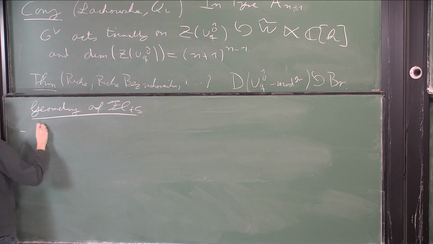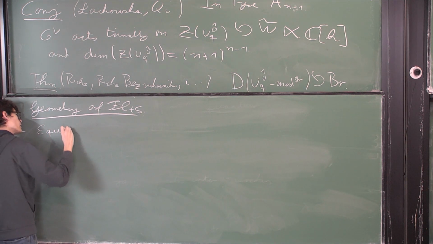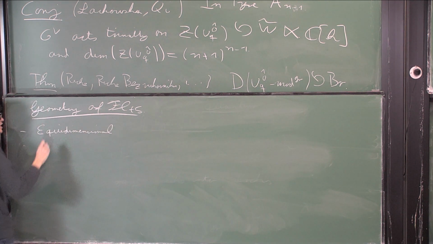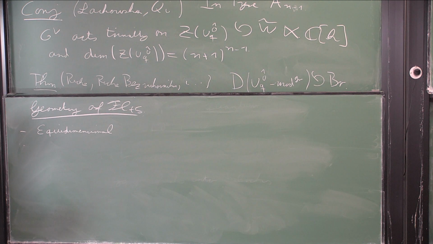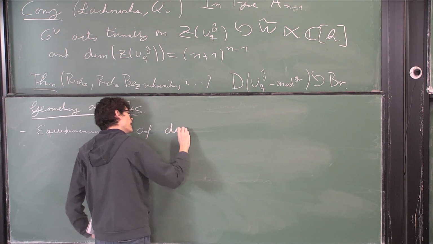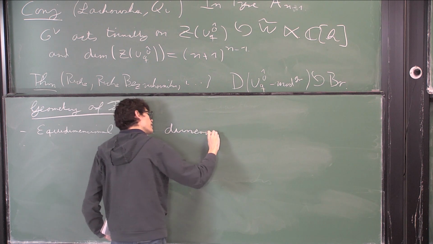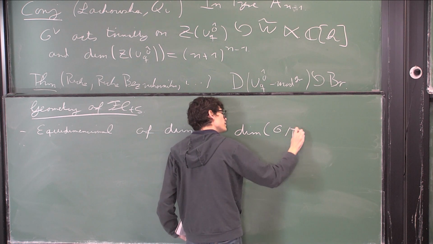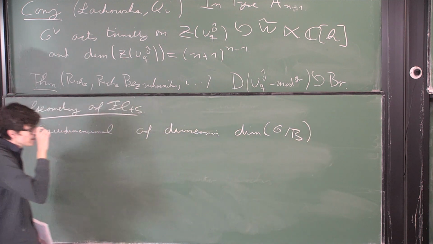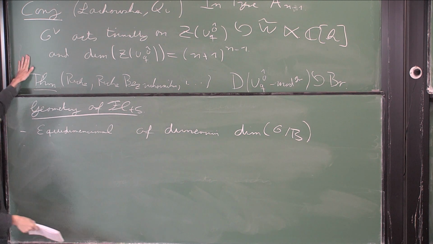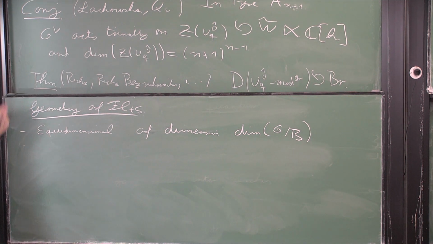So the first point is it's equidimensional. What does that mean? This means that every irreducible component has the same dimension, and each of them has dimension equal to the dimension of the finite flag variety. And as I said, this finite flag variety is one of the irreducible components in this affine Springer fiber.